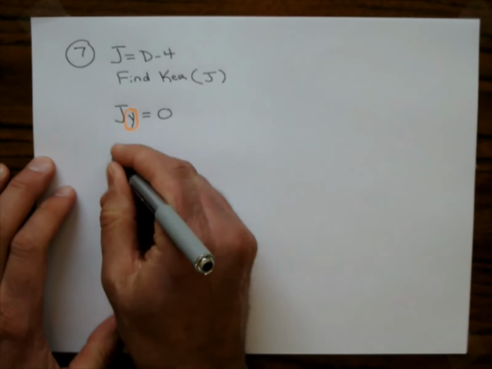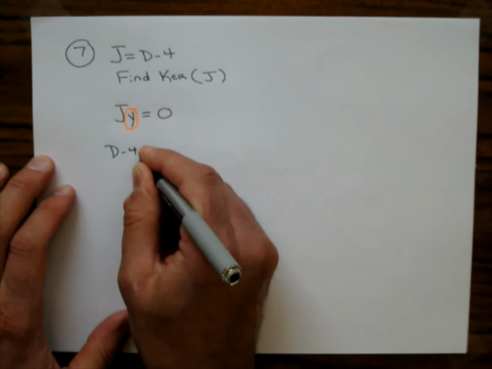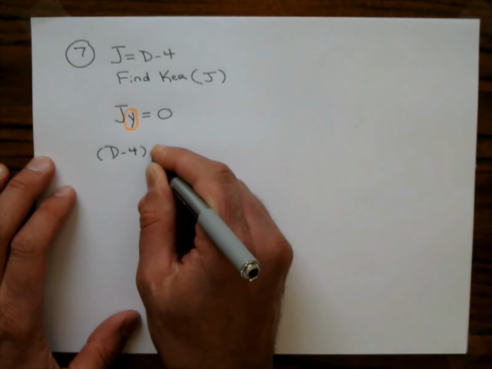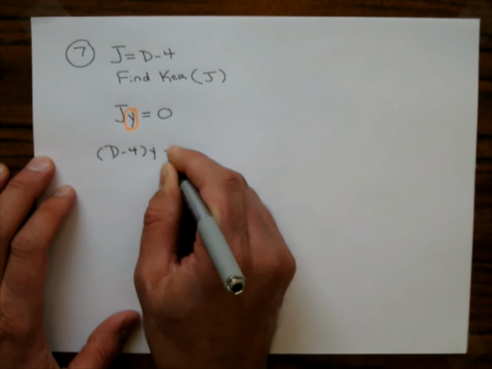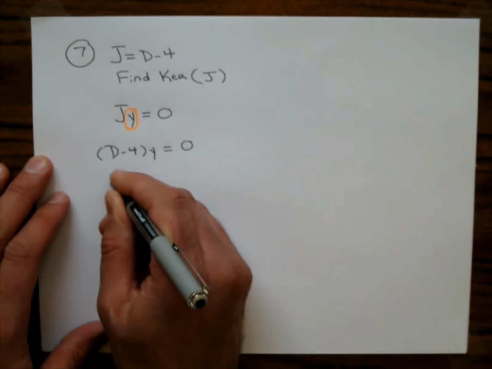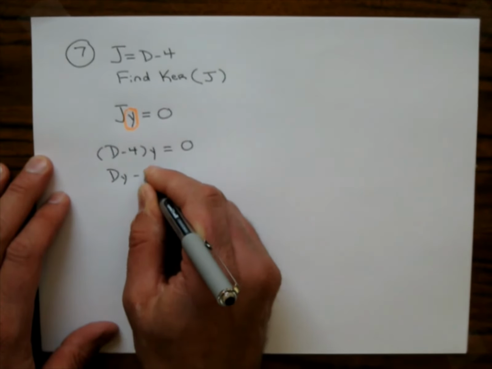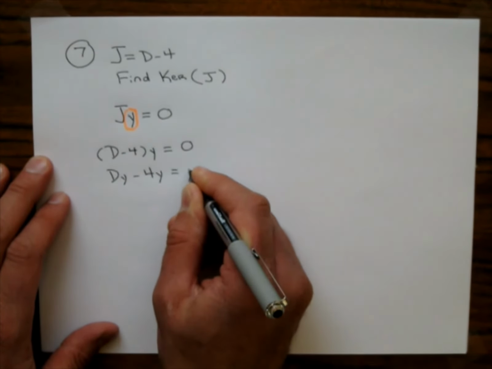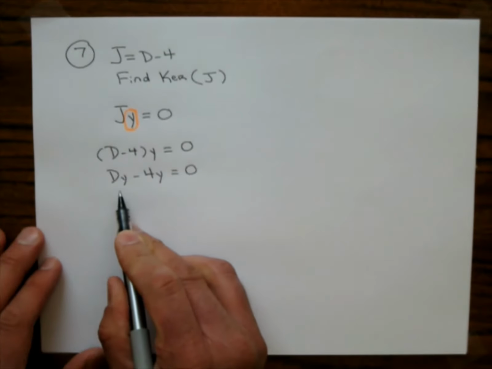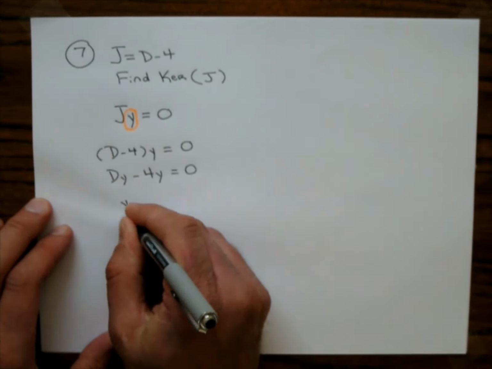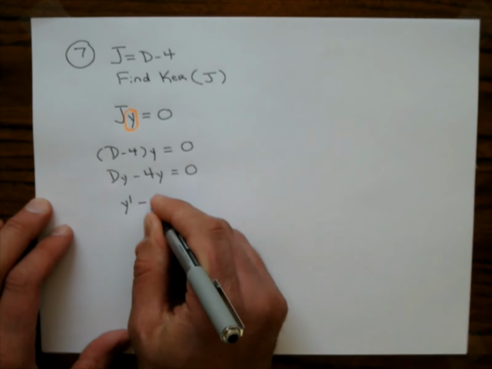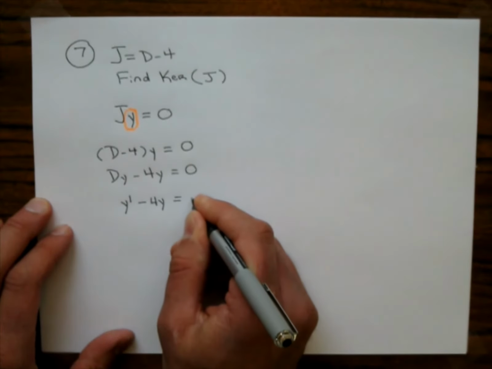Okay, so J is d minus 4. That operates on y. This equals 0. dy minus 4y equals 0. The derivative of y is y prime minus 4y equals 0.